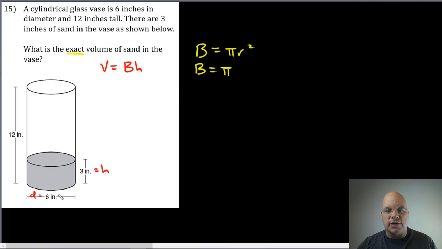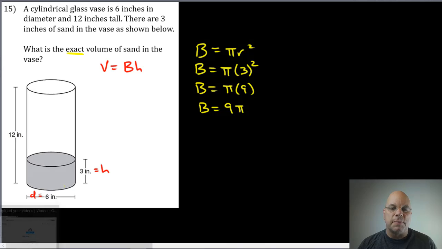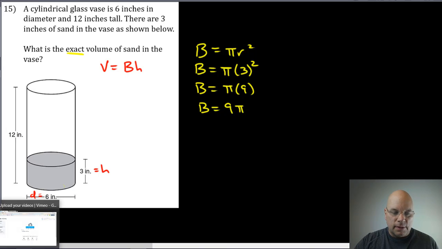The diameter is 6, so the radius is 3. So pi multiplied by 3 squared is the area of the base, which is pi multiplied by 9, which is better expressed as 9 pi. Okay, so big B is 9 pi. Now we can substitute into the volume formula.